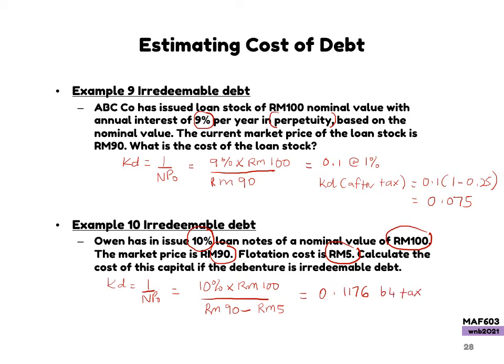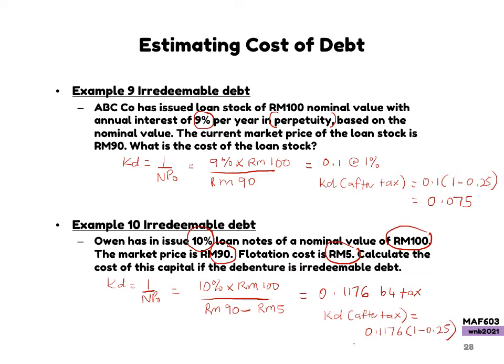So if I want to find KD after tax, I need to multiply with 1 minus tax. So this one is 0.1176 darab dengan 1 tolak 0.25.